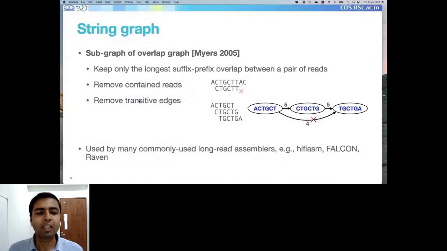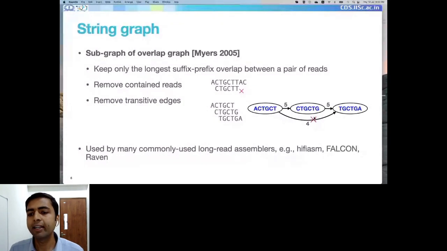The third is the transitive edge reduction step, where suppose you have three reads, as shown in the example here. If you draw the overlap graph corresponding to them, you will find that the connection between the first and third read is redundant, and one can spell the equivalent string graph by going from first to second to third vertex.